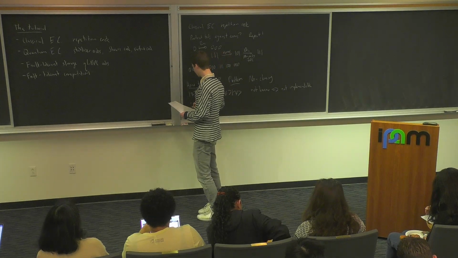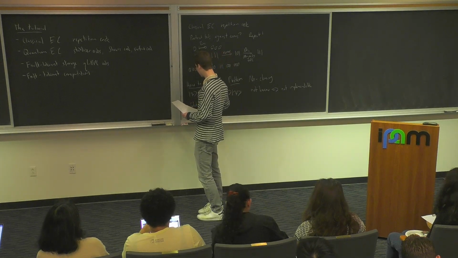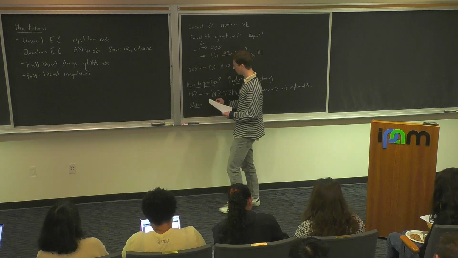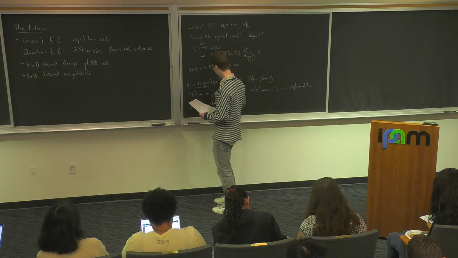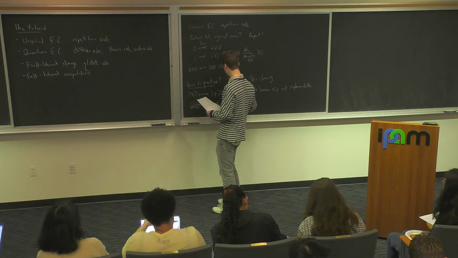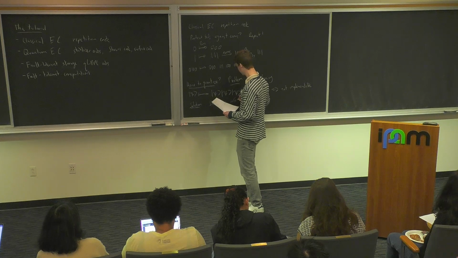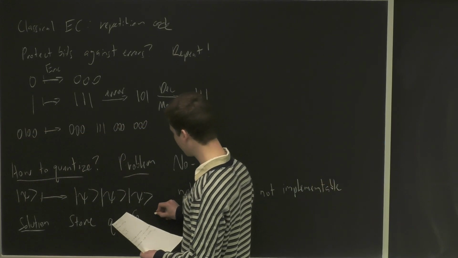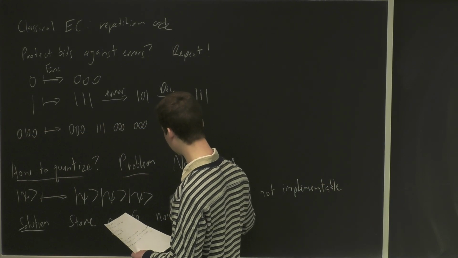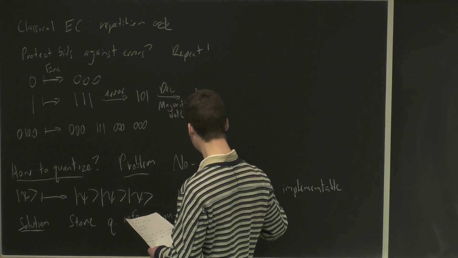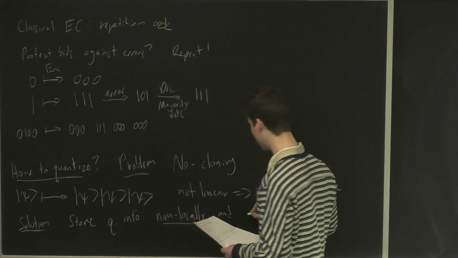And at a high level, the conceptual solution to this problem is actually somewhat subtle. What we're going to do is find ways to store quantum information in a manner that's somehow both non-local, so we'll spread our information out across space, and non-redundant.